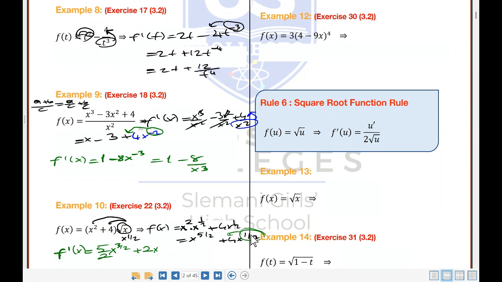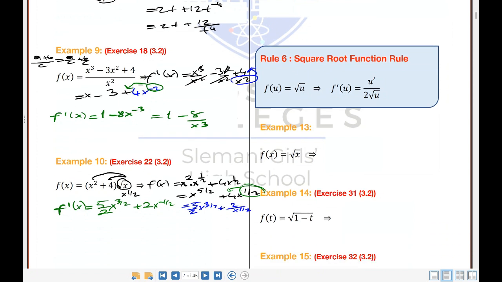The exponent will decrease by 1, 1 over 2 minus 1, minus 1 over 2. Okay, that's the answer. To get rid of that negative exponent, we rewrite this as 5 over 2 x to the 3 over 2 plus 2 over x to the 1 over 2. We can still continue rewriting this.